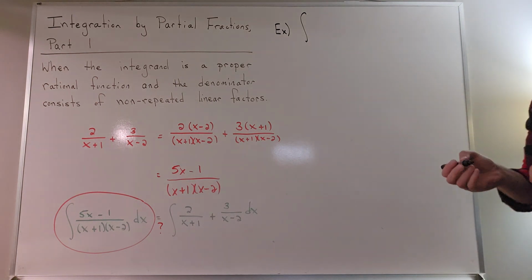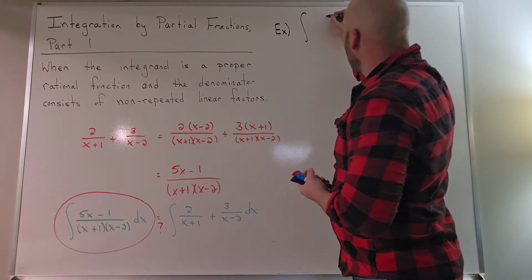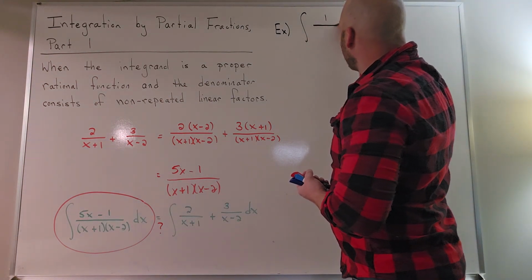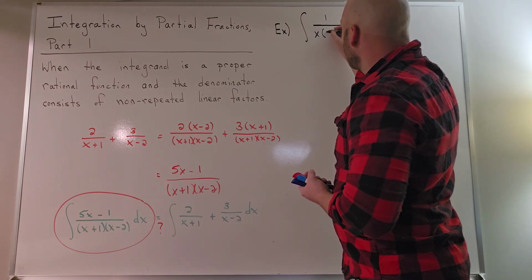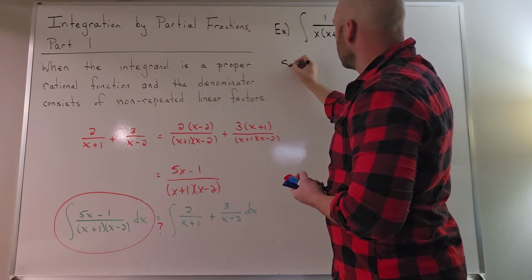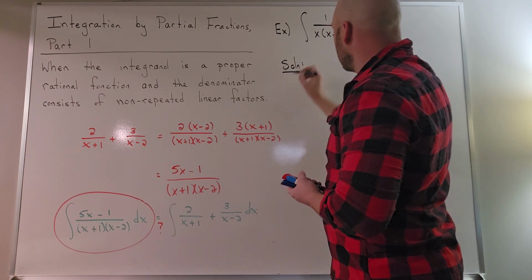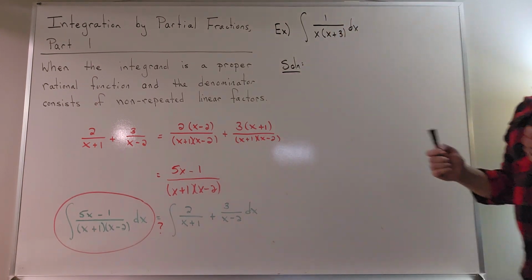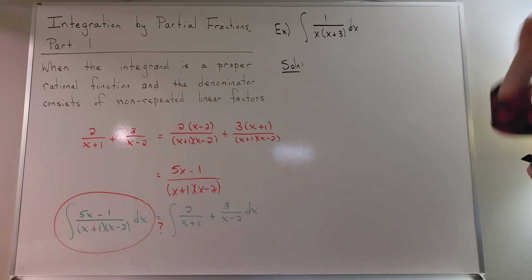All right, so let's say I've got the following integral: 1 divided by x times x plus 3. So how do I integrate that? Well, here's what I'm going to start by doing.